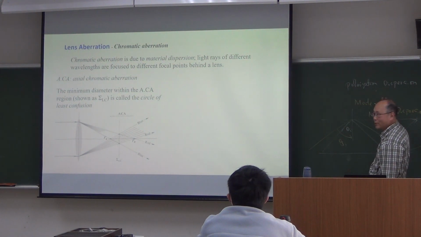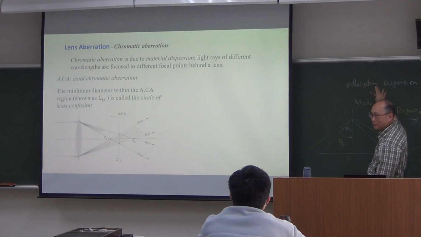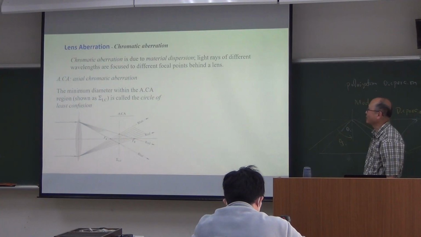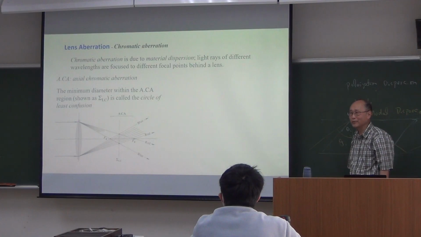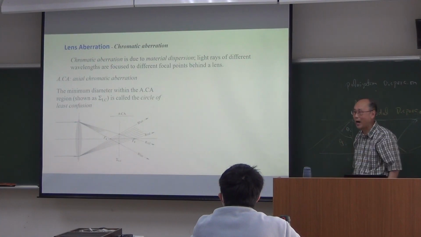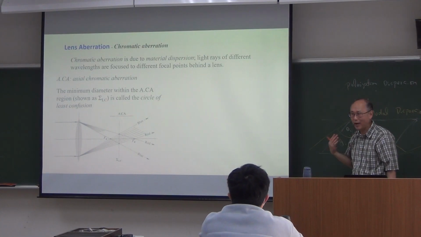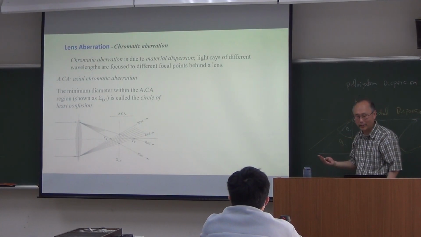Just like dispersion, where we have material dispersion, modal dispersion, polarization dispersion, and so on. For aberration, the first thing is that we have chromatic aberration, regardless of the surface of the optical element, because different colors of light are going to see different refractive indices.